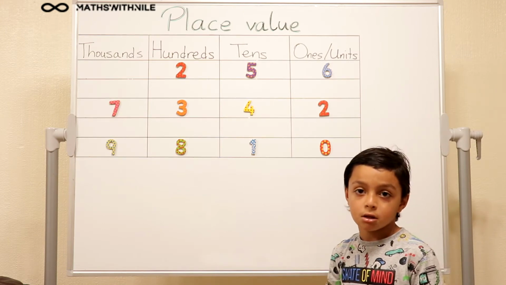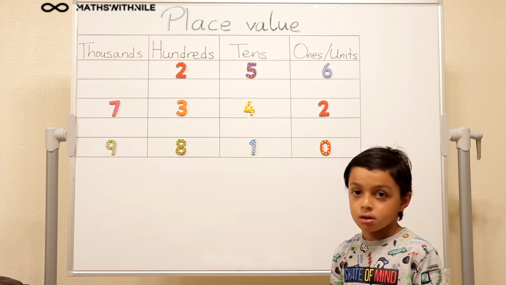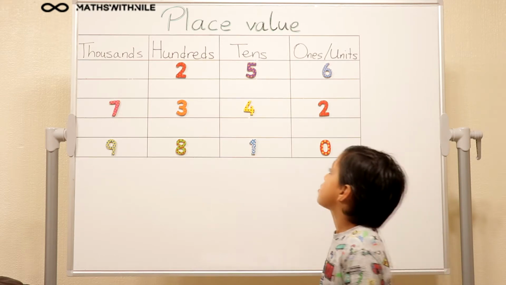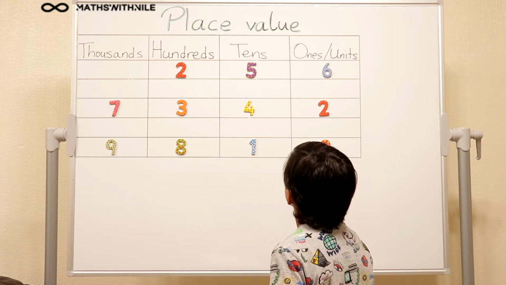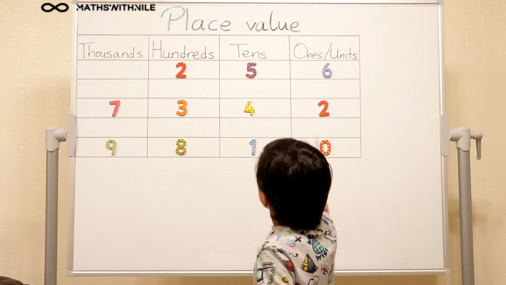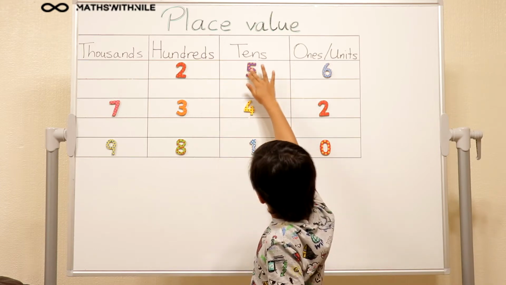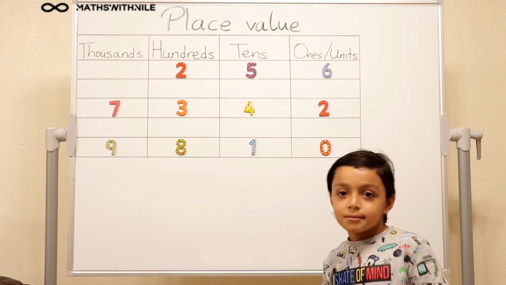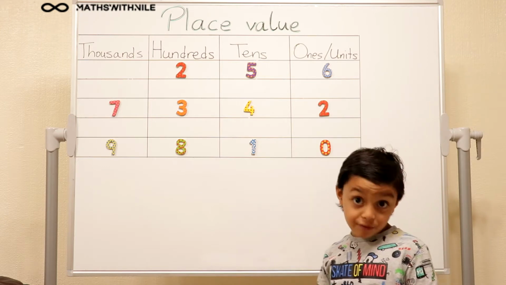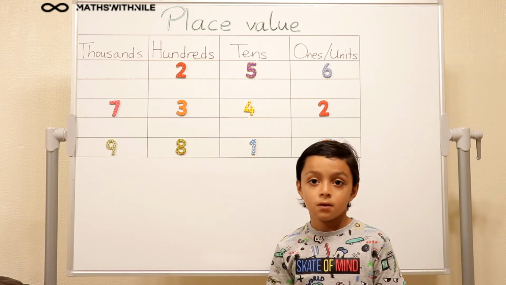So let's compare those 3 numbers there. Which of those 3 numbers have the most tens? You can point it out and then explain. This top one, because it has 5 tens, this has 4 tens, and this has 1 ten. Okay, good. And 5 tens is equal to? 50. And 4 tens is equal to? 40.